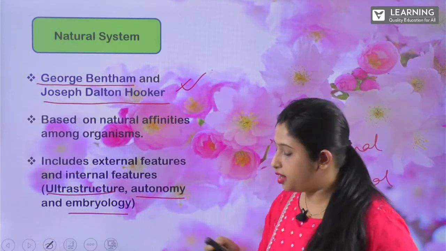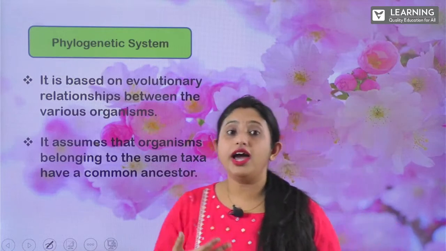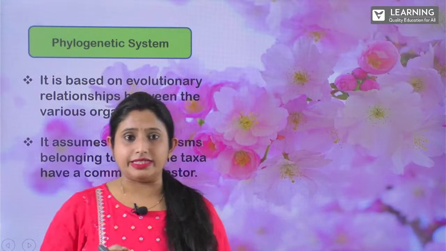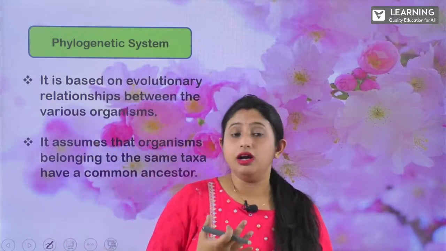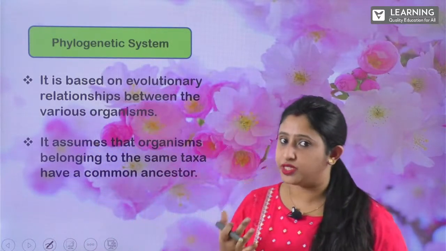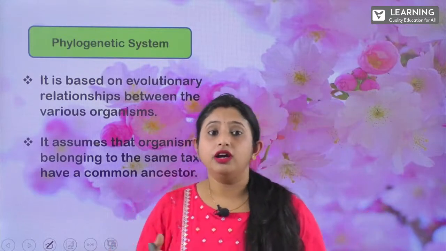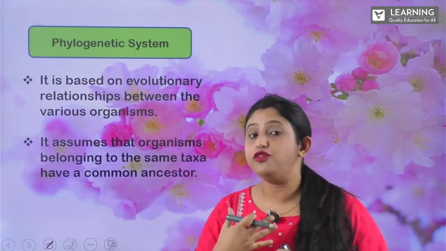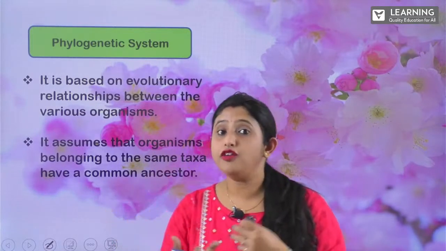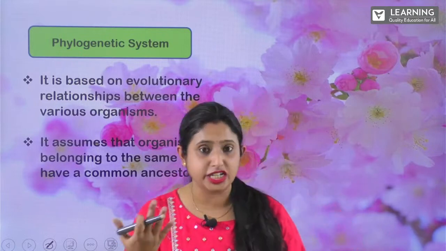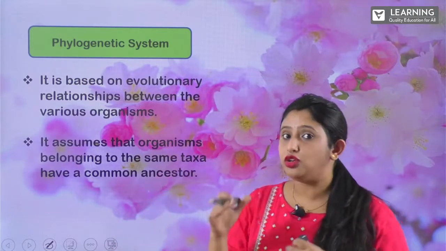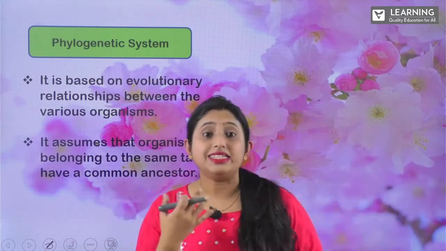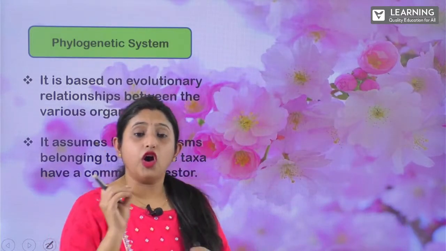Next, the last one is your phylogenetic system. When you talk about the phylogenetic system, it deals with evolutionary relationships. For example, take our forefathers. When you are going to relate yourself with your forefathers, you have to go into the phylogenetic relationship, how we are related to each other. Similarly, this phylogenetic relationship is helpful for the study of fossils, right?